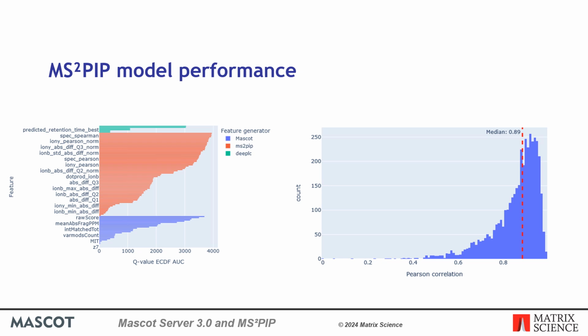The strongest MS²PIP feature is SPEC-Pearson norm, unfortunately not labeled, which is the Pearson correlation between the predicted and observed spectra. This is shown on the right. The peptide spectrum matches that pass the 1% false discovery rate are plotted, and a median value of 0.8 or better is considered a good correlation coefficient.